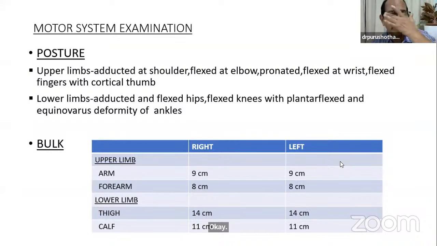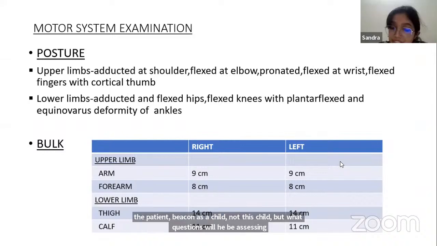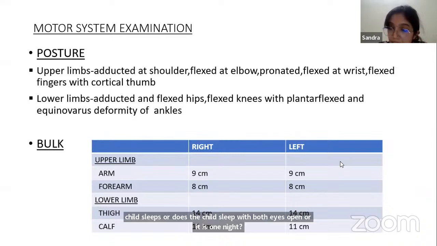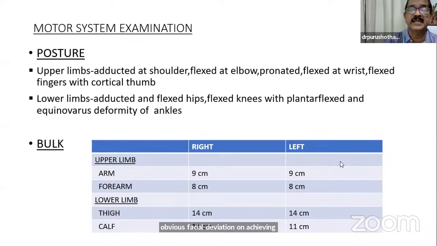So how will you assess a facial weakness in a child, not this child? What questions will you ask? What will you be assessing? When the child sleeps, does the child sleep with both eyes closed, or is one eye open? Is there any obvious facial deviation on chewing? If it is bilateral, how will you assess a mild bilateral weakness? It's not relevant in this case, it's a different question.